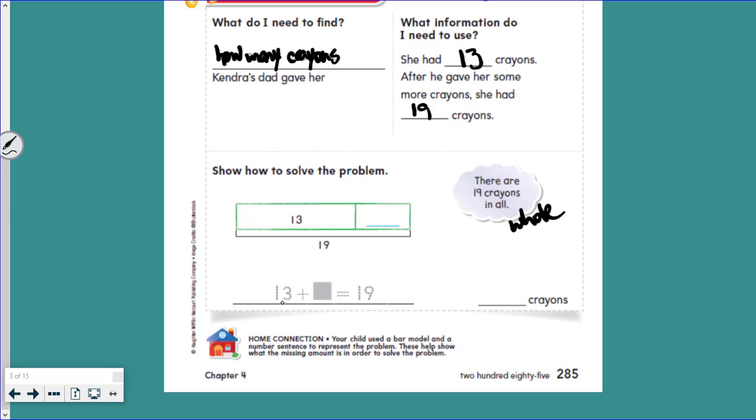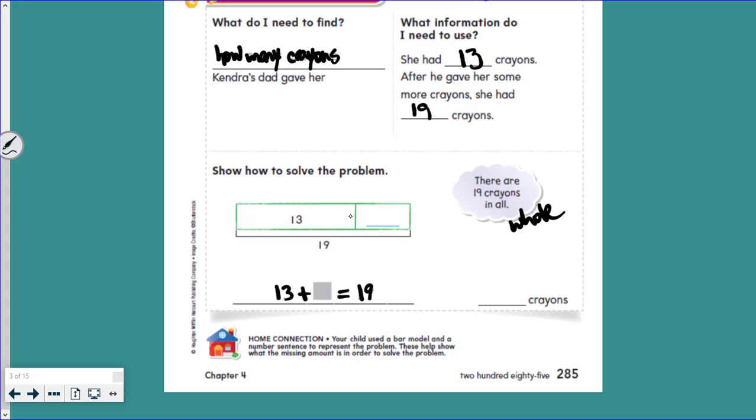So we know she had 13. Let's trace this. And then Dad gave her some. She added to her 13. Dad gave her blank. We don't know how many, so that's why we put this gray box. And then once Dad gave her some, she had 19. We're figuring out how many Dad gave her. So we've drawn this diagram to help us. To get from 13 to 19, we have to count up.